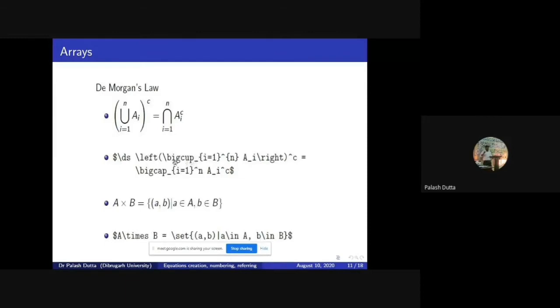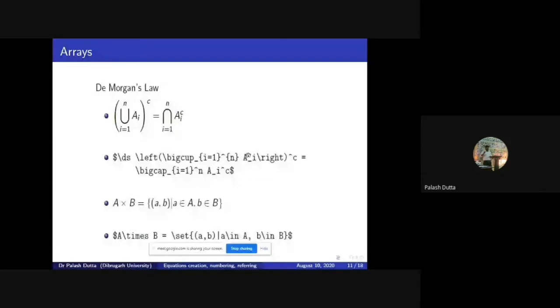To obtain this bigger union, we write slash big cup, and it goes from i equals 1 to n, then A subscript i, then right parenthesis, a bigger parenthesis, right?